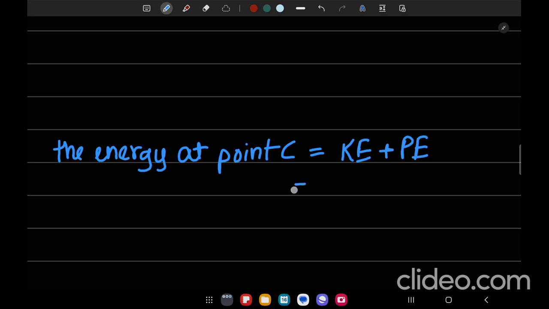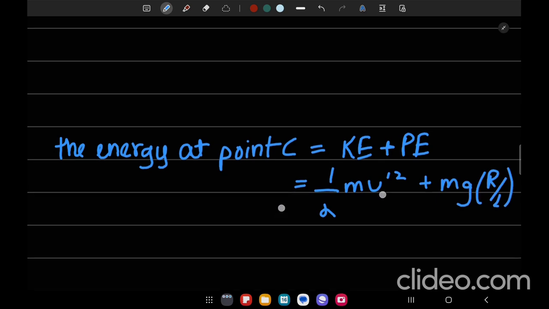Which can be equal to half the mass of the block times v dash square plus m g r by 2. Let us assume the velocity at point C to be v dash.